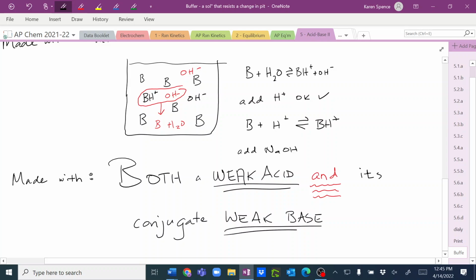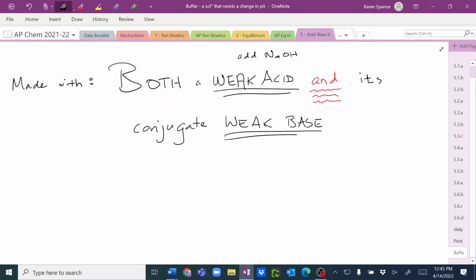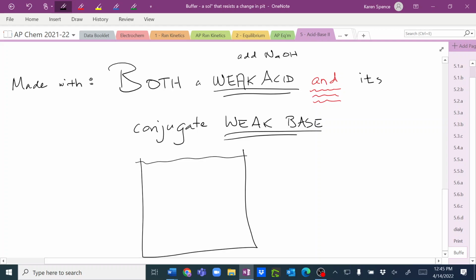So you have to have both. You have to have both the weak acid and the weak base there, because if we do that, right, now I've put some HA in there. I've also put some A minus in there. That's going to be from maybe some NaA. Yeah? Okay. So now I have lots of HA because I've added HA.